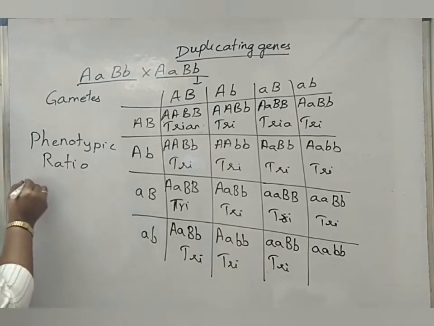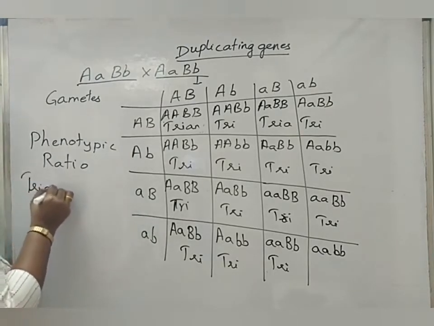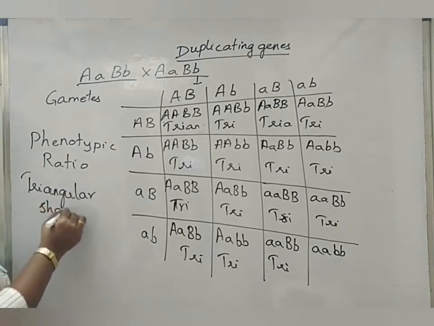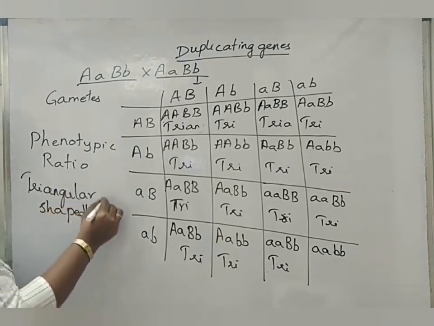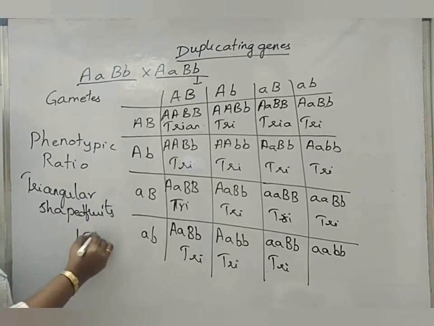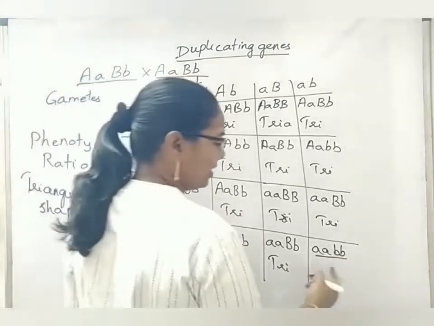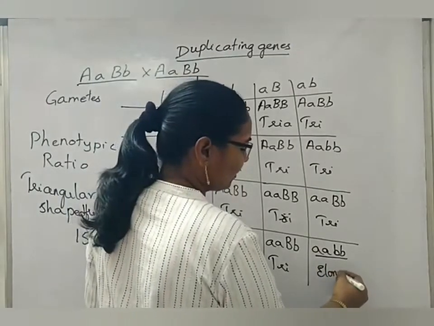So if you see what are triangular shaped fruits, the answer is 15. Now, what type of fruit shape is it? Here it is elongated shape.